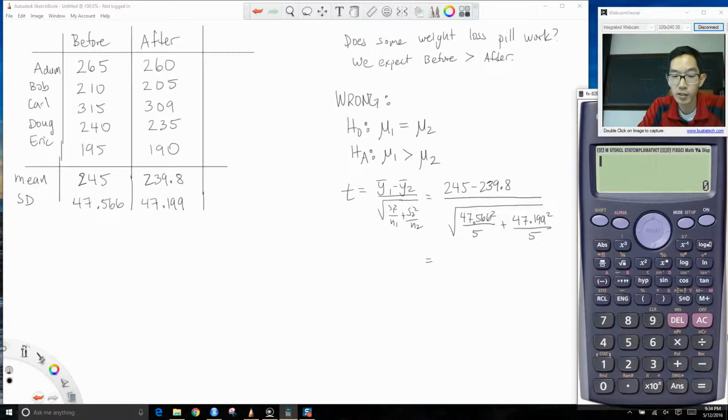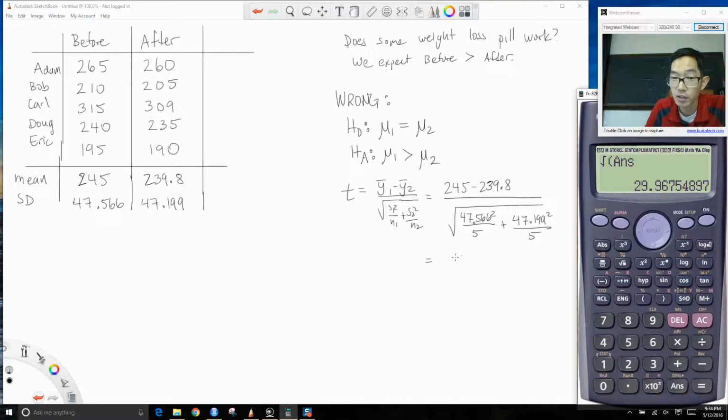Okay, so let's see what this turns out to be. 47.566 squared divided by 5 plus 47.199 squared divided by 5, and the square root of that is 29.968.